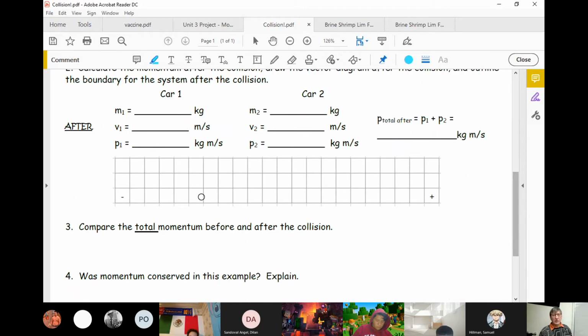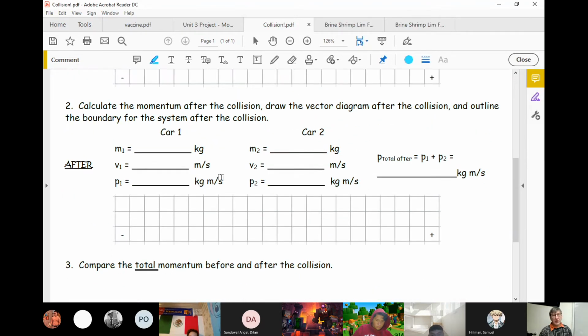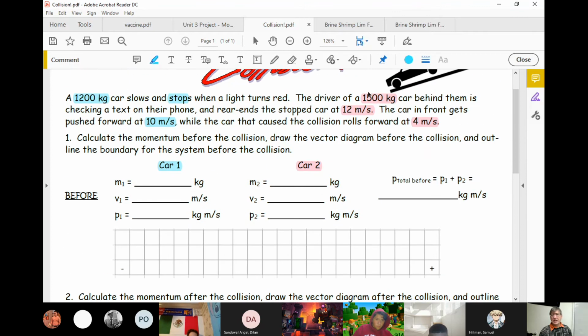Just so you know, the number that I chose here of 12 meters per second, that's a little faster than 25 miles an hour. So I was trying to have realistic numbers. I also looked up how heavy cars are, and these are reasonable masses for cars.